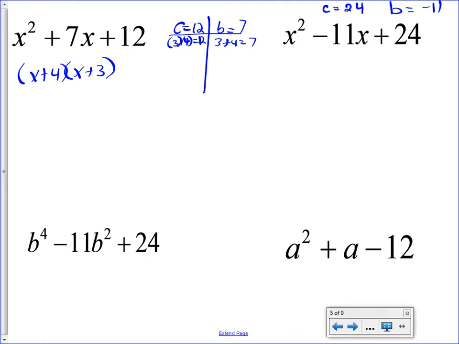What could they be, Nick? Negative 8 and negative 3. Negative 8 times negative 3 equals positive 24. When I add them together, negative 8 plus negative 3, I do get negative 11. So my two factors, how would I write this out? What would be my final answer? Jenny?